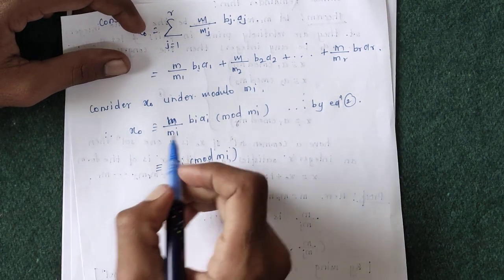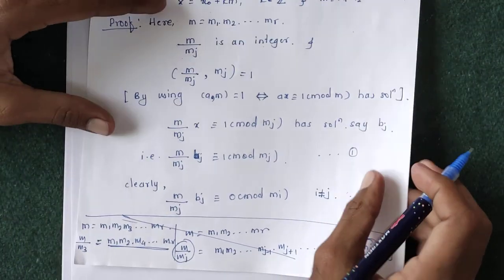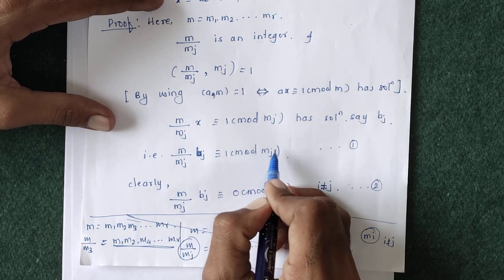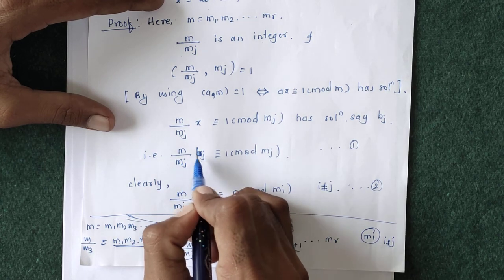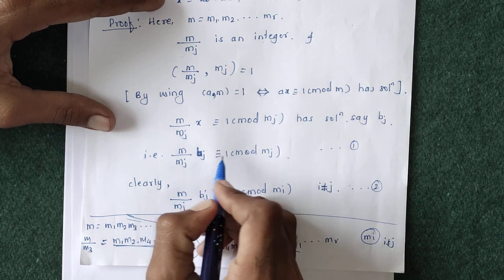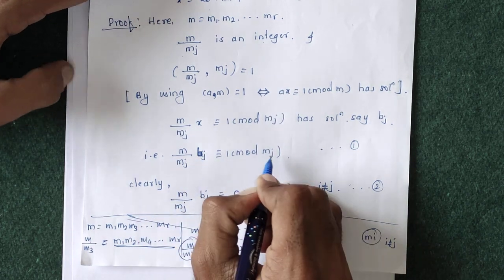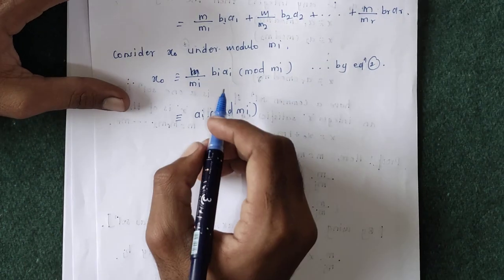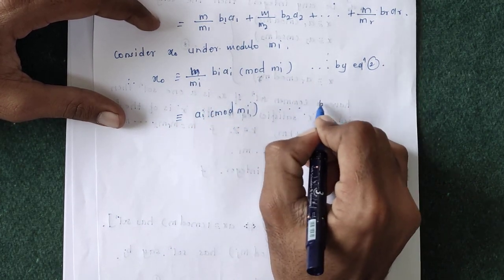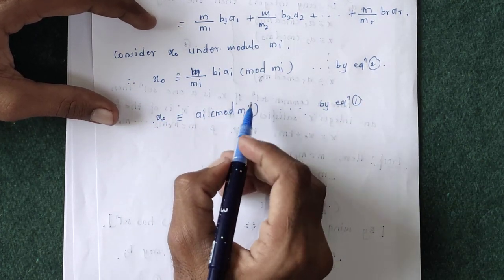Since by equation number 1, m by mi into bi is congruent to 1 modulo mi, and similarly m by mj into bj is congruent to 1 modulo mj, changing notation we get m by mi into bi congruent to 1 modulo mi. So x naught is congruent to ai modulo mi, i running from 1 to r.